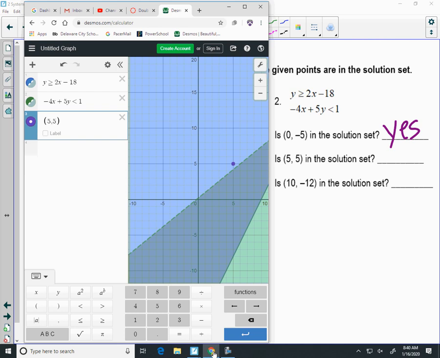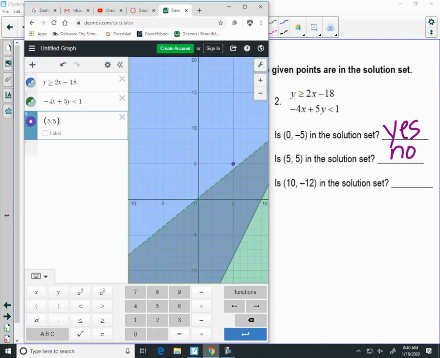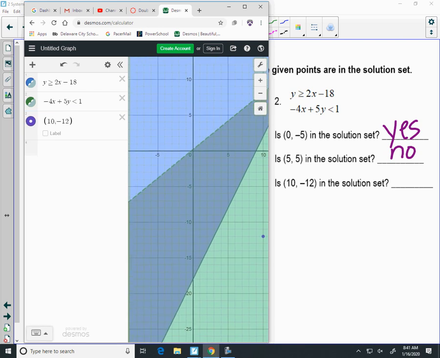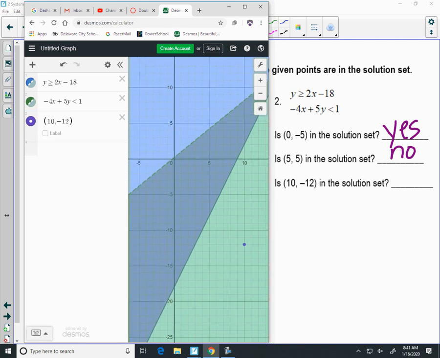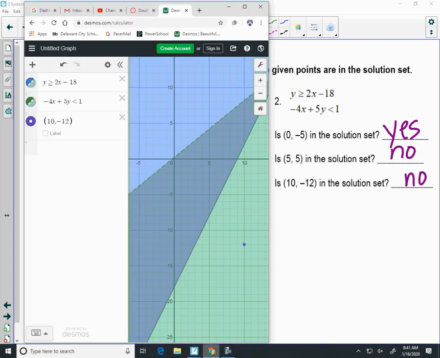It's in the purple but not the green, so that's a no. And 10, negative 12. Some of you can just do this by eyeballing it. 10, negative 12, that's just in the green. So 5, 5 was just in the purple for me, and 10, negative 12 was just in the green.